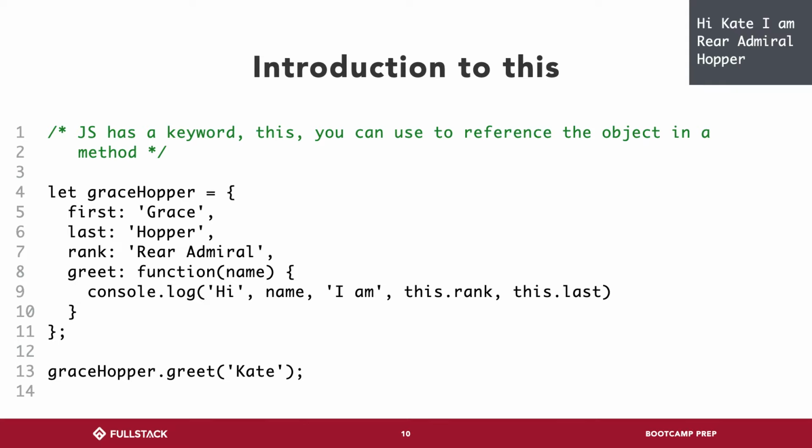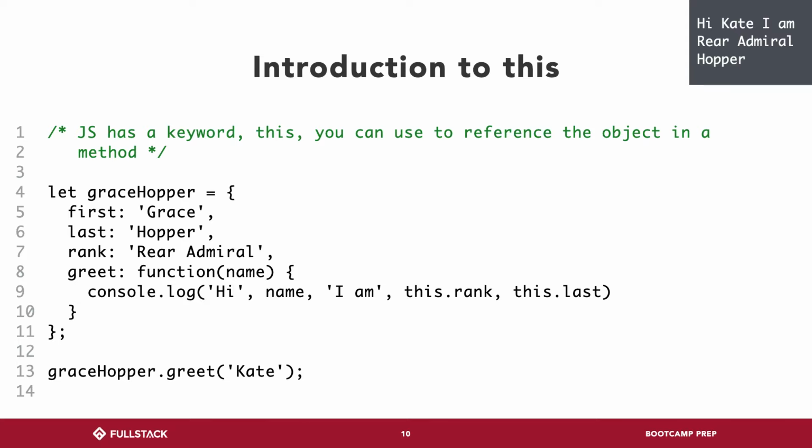If there was another object up here with the same exact keys, first, last, rank, but it was called Marco, Lisanek, rank is none, then this.rank, this.last wouldn't be that object, right? And that kind of makes sense in English, right? How could this be that? How could this be anything else? No, it's this, the thing it's inside of. Make sense?